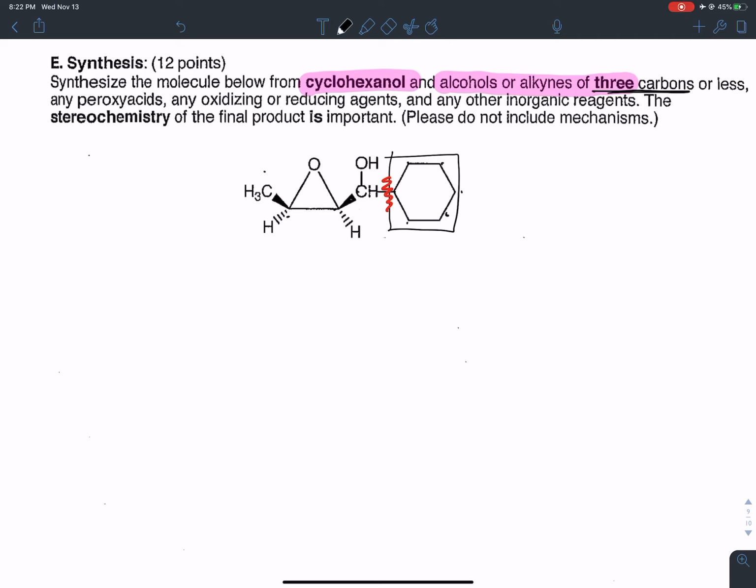So one thing, this molecule looks a little crazy. What's something we can do to make it look less crazy? Let's just get rid of the epoxide right now.